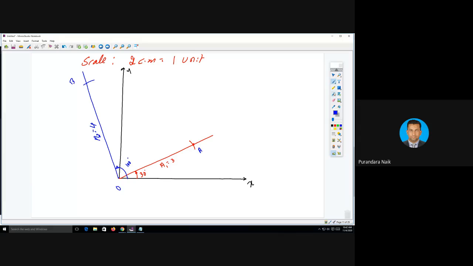Next, I have to draw a line from point A parallel to OB, and similarly parallel to OA. This point is C, and this is parallel to this line.